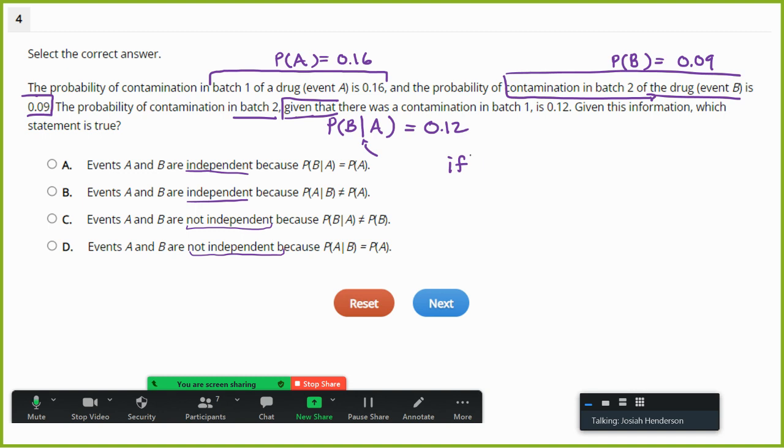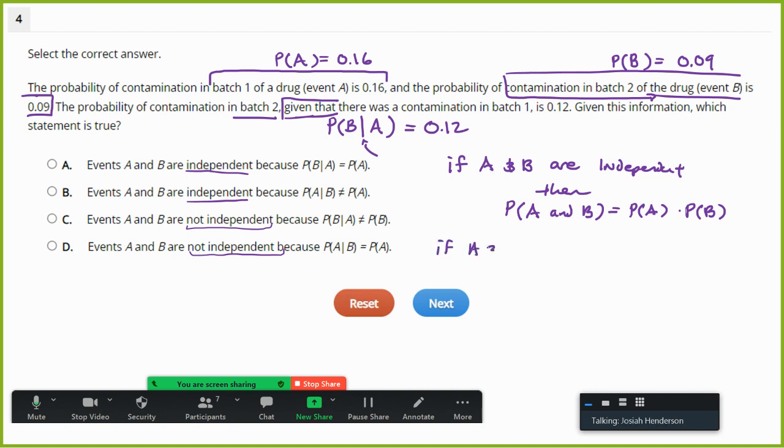I don't mean to direct you too much, but if A and B are independent, then probability of A and B together is their separate probabilities multiplied together, probability of A times probability of B. If A and B are dependent on each other, then probability of A and B is not their separate probabilities multiplied together.